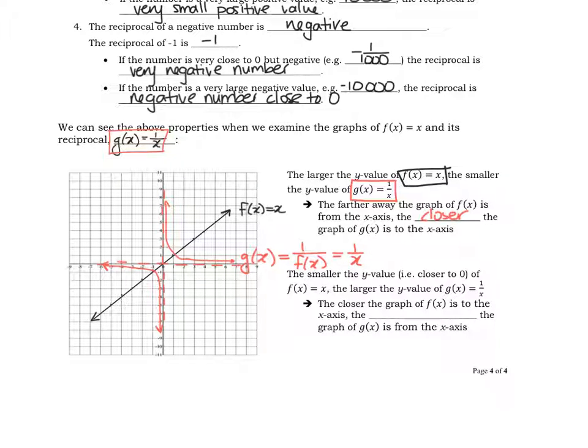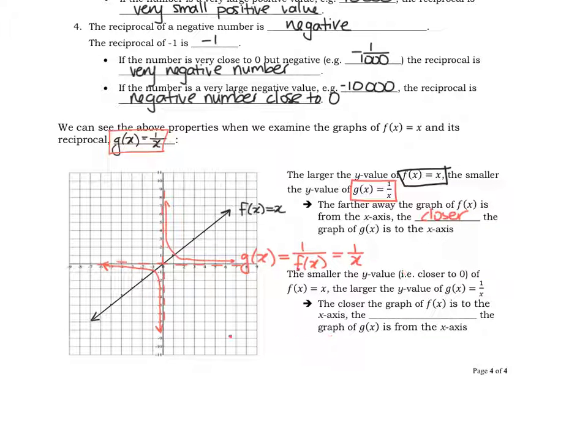And then it also works the other way around. If you take a look at the black graph values, closer and closer to 0, okay, so as these y values are getting closer and closer to 0, look what happens to the red graph. The red graph arm is extending farther and farther and farther away from the x-axis. It's actually moving up towards positive infinity.